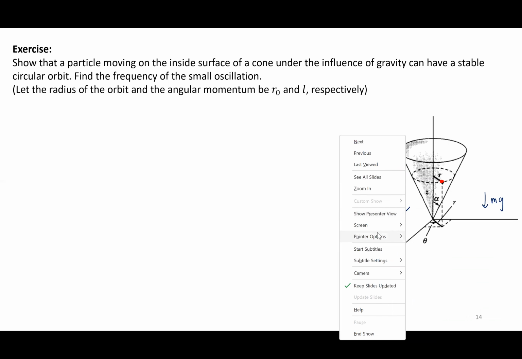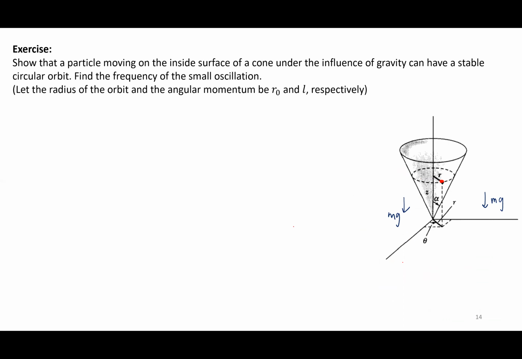And now let me draw a cross section of the system. If I draw the cross section, it looks like this. Right, so you could then imagine that this particle over here is moving into the page, right?